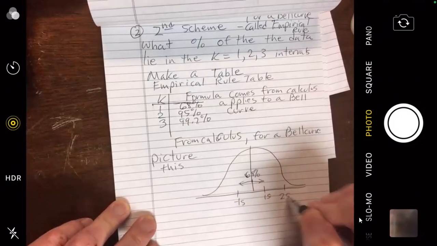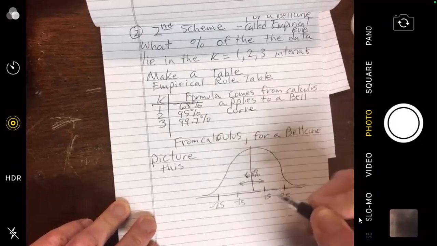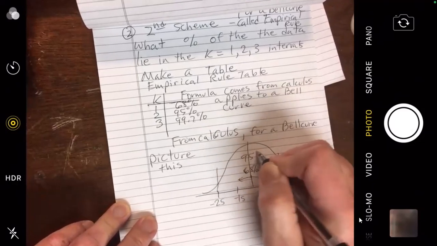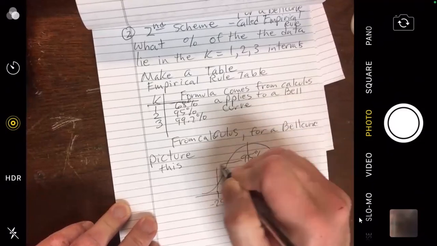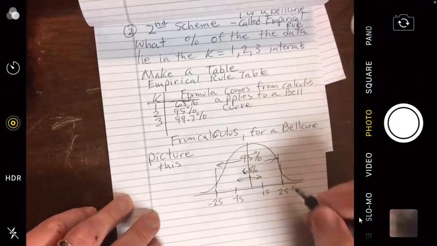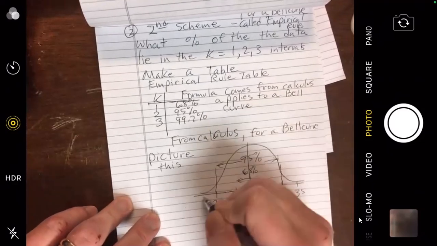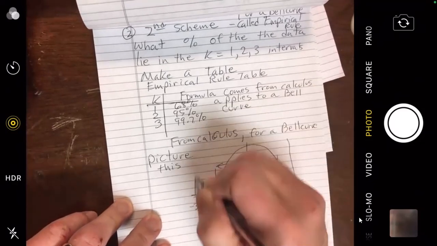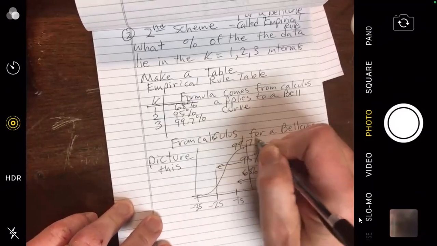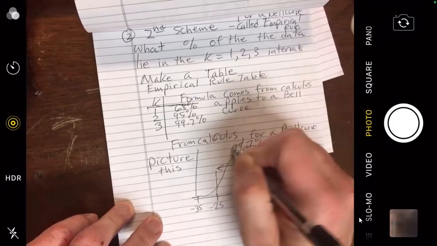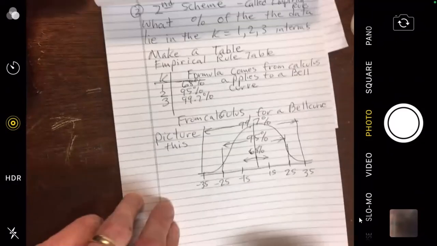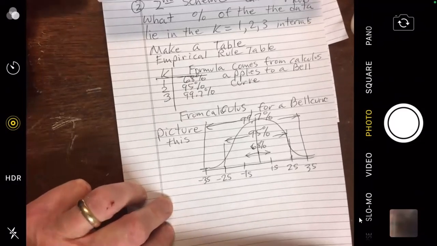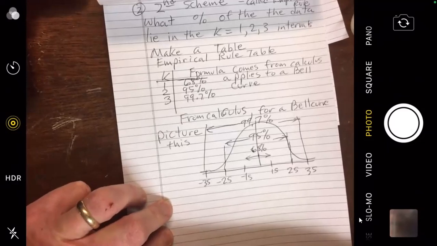Go out to 2 standard deviations, and you're up to 95% of the numbers within 2. You can calculate this from calculus. 3 standard deviations, -3, 99.7% of the numbers are within 3 standard deviations of the mean on a bell curve. Can't show you the formula. We don't do calculus. You just have to believe it.